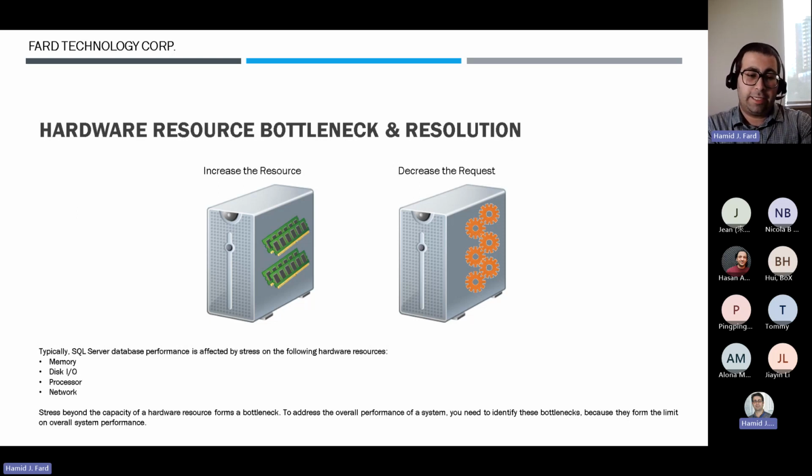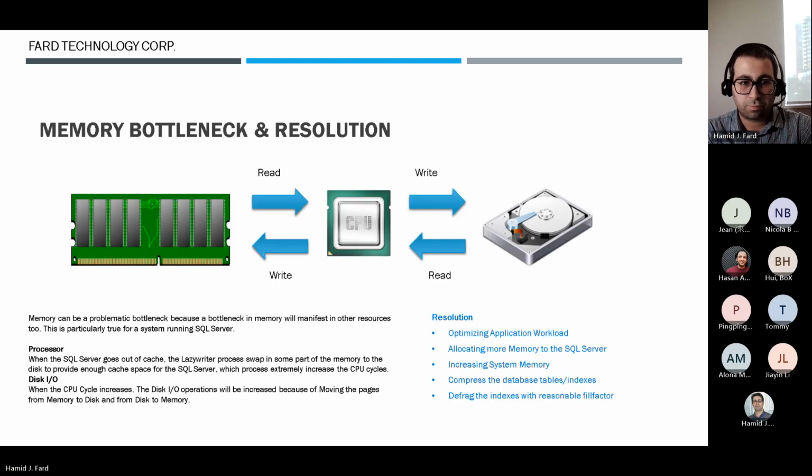So the bottleneck can be in 4 different categories. One is the memory, second is the disk IO, third is the processor, and the fourth is network. And it's already based on priority and severity. Usually a memory bottleneck can cause CPU and disk IO bottlenecks. I'm going to show you later on.